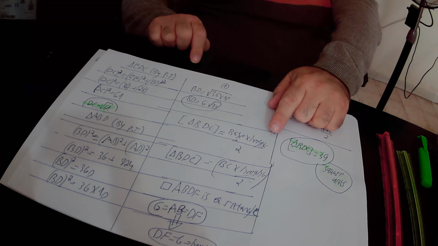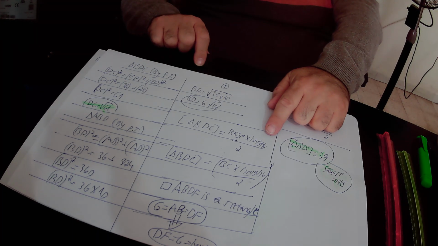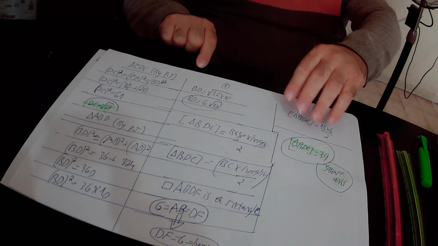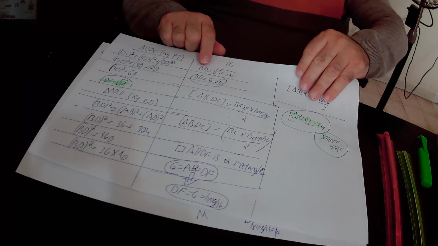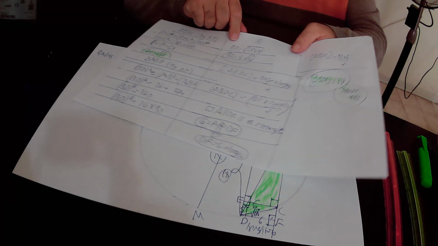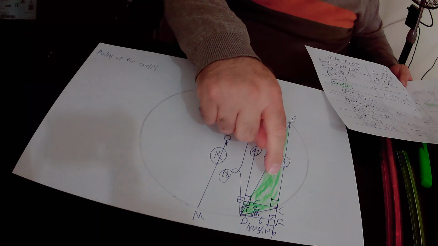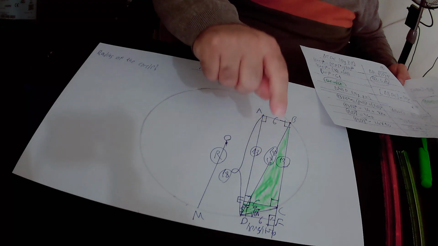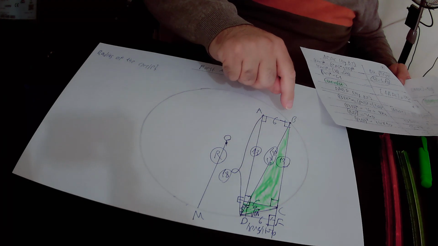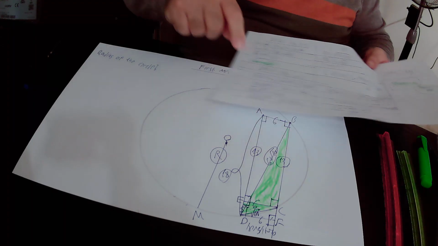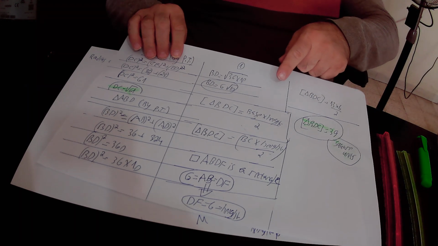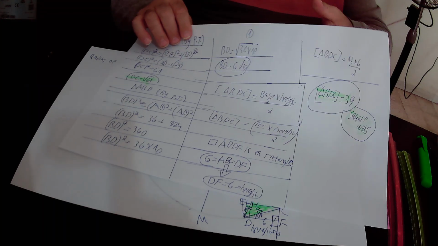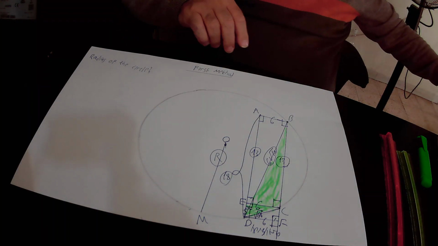Here I must emphasize that the height to the base must create 90 degrees with the base. So the area of this triangle BDC equals the base of the triangle times the height to the base over 2. We choose the base as BC, so we substitute the base by BC, so it is the base times the height over 2.